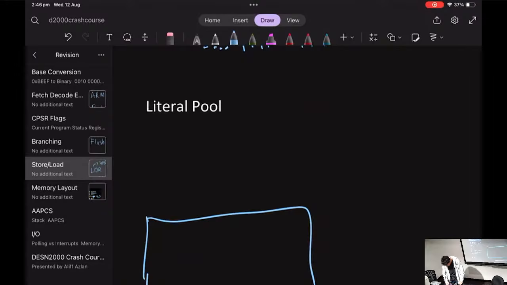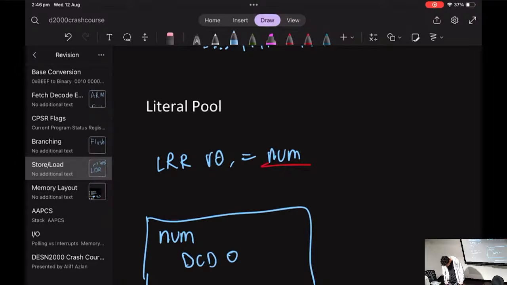So let's say we have LDR R0 and we have something like, I don't know, num, right? This value of num would be stored inside the literal pool, and that could be defined like so.